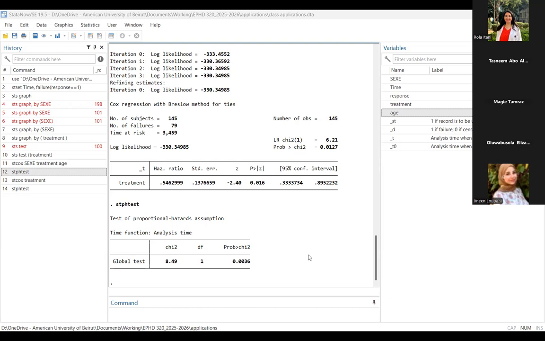I'll have a forum where you would individually upload your result and interpret them. You can work with either SPSS or Stata. I don't care, as long as you are able to generate survival data, do the survival analysis, and interpret this very basic survival analysis data for cohort analysis.